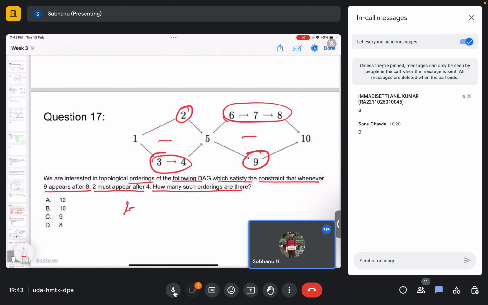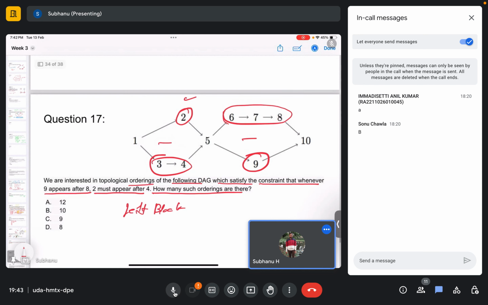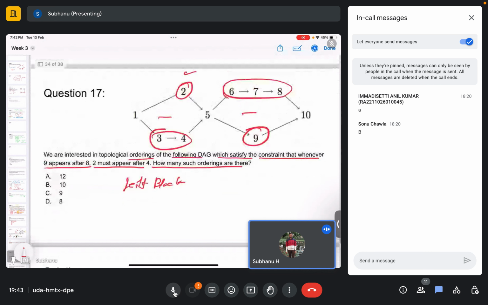The left block means this one. So we can write 6 7 9, or 8 9.